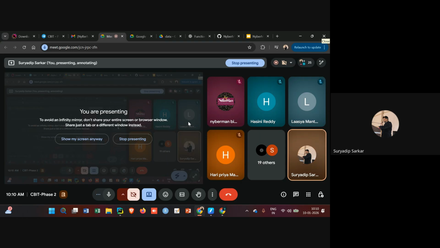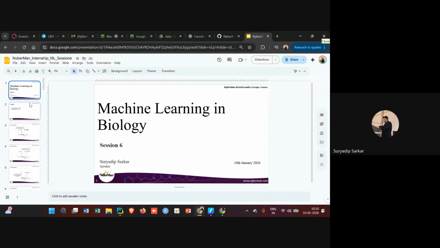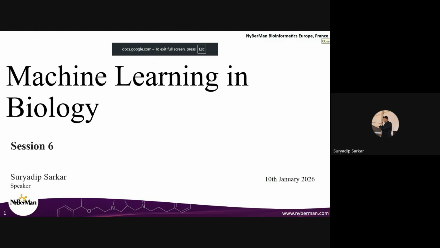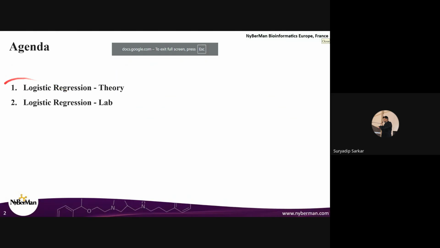In today's lecture we will go through a classification problem. Our focus will be on the algorithm known as logistic regression. Logistic regression is used to deal with classification problems, or in other words, we use it to predict discrete variables.